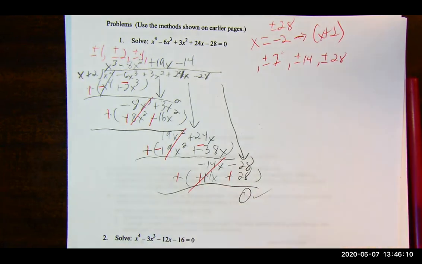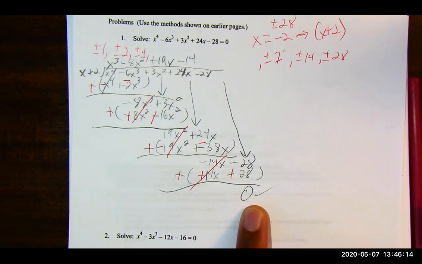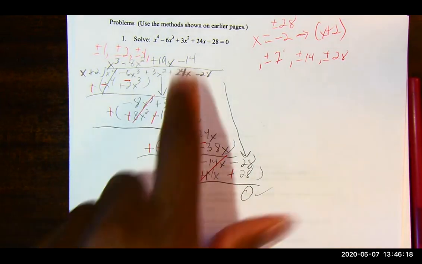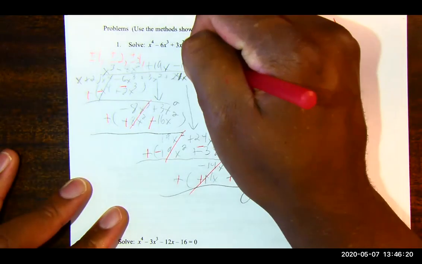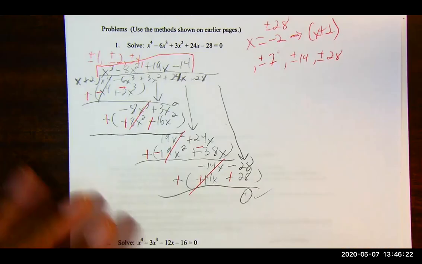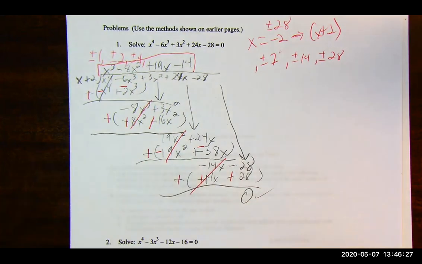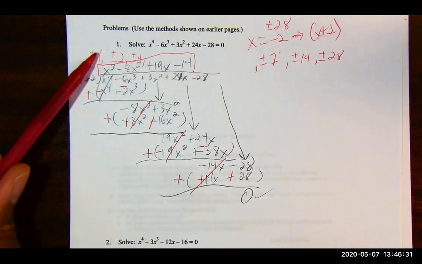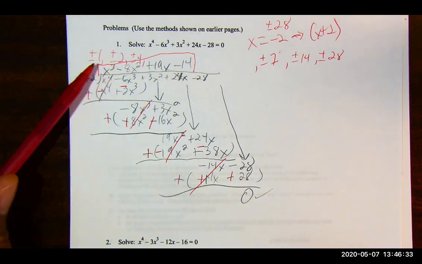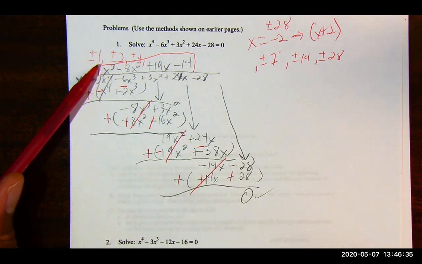I like that. In case you made a mistake dividing, you know you have this quality control check procedure. So what are we going to do now? We're going to test this cubic function. I'd rather test the cubic function than the quartic because it's easier. We're going to have to test these roots again. Generally speaking, if 1 and negative 1 didn't work in the quartic, it's not going to work in the cubic either.